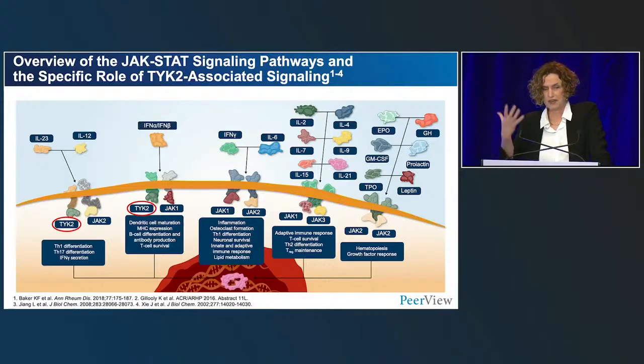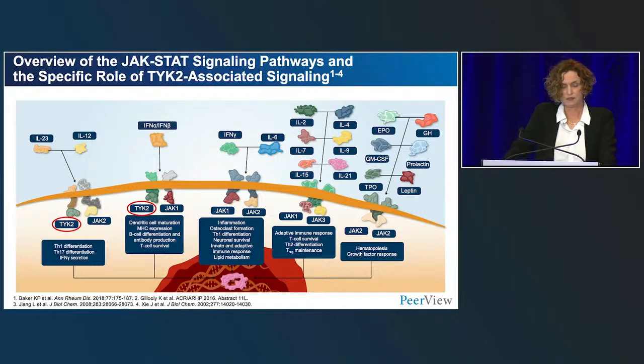Because we still have quite a lot of patients that are failing treatment, it's always good to have a new mode of action, a new mechanism of action. And TYK2 is a protein that belongs to the JAK family, and these are intracellular proteins.